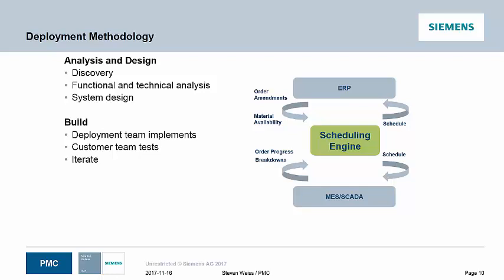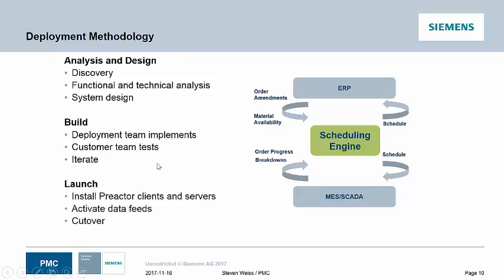And then the implementation in various stages is passed along to the customer team that tests the outputs, that provides feedback to the deployment team, which then makes modifications, and this is an iterative process. Eventually, we are prepared to launch the system.